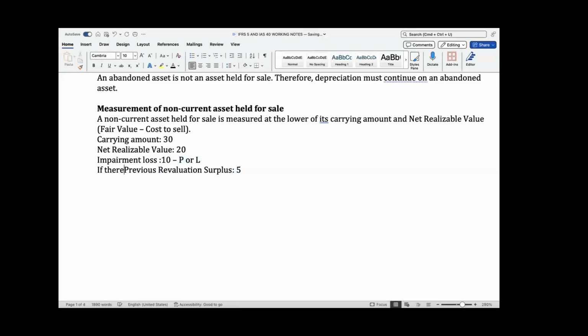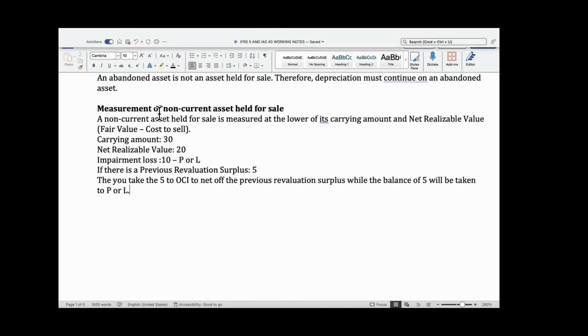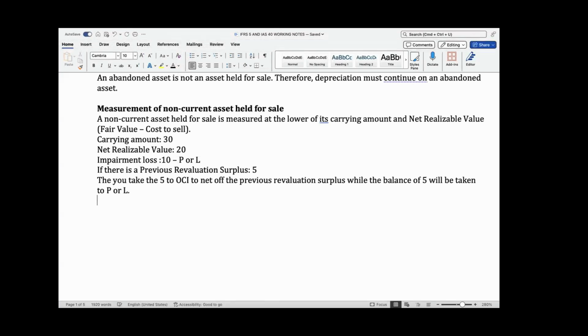So if there is a previous revaluation surplus on the asset, you take the 5 to OCI to net off the previous revaluation surplus, while the balance of 5 will be taken to profit or loss.